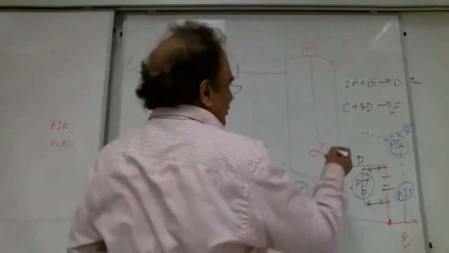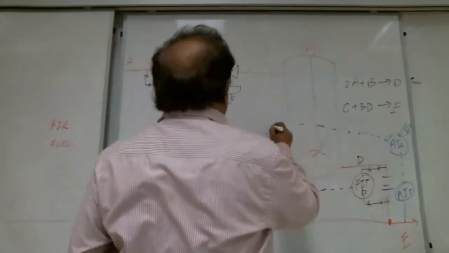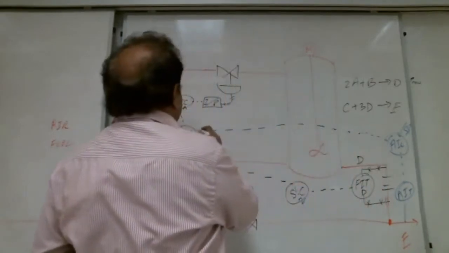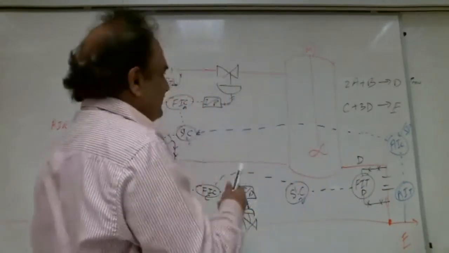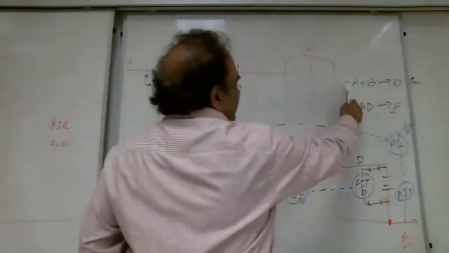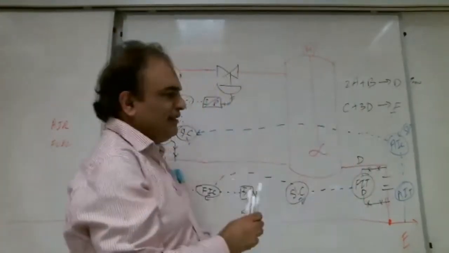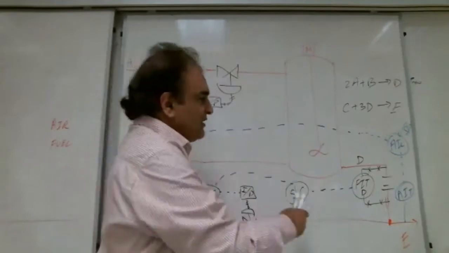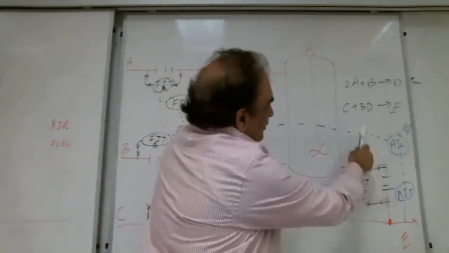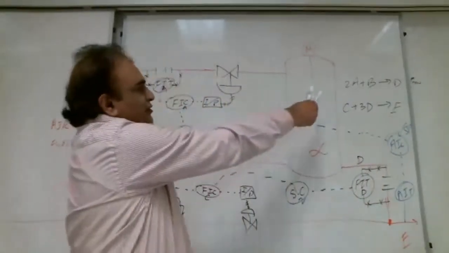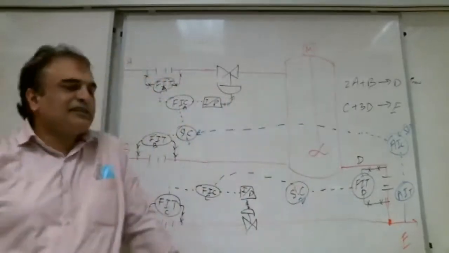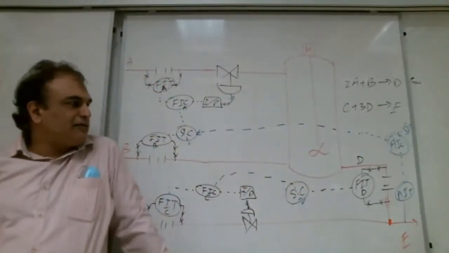So we will send it to 1. Now if this ratio 2A plus B is correct, there are chances C plus 3D will be correct. If this ratio is not correct, it is not possible for C plus 3D to be correct. Are you with me?